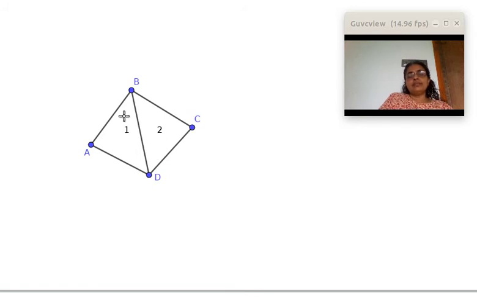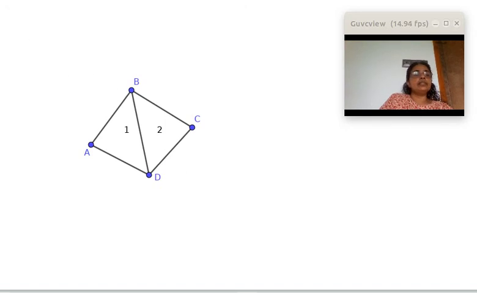First triangle remaining constant, and I want to change the second triangle. The second triangle is to be changed into a new triangle of same area.